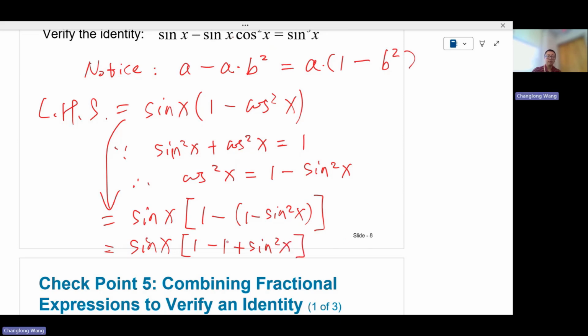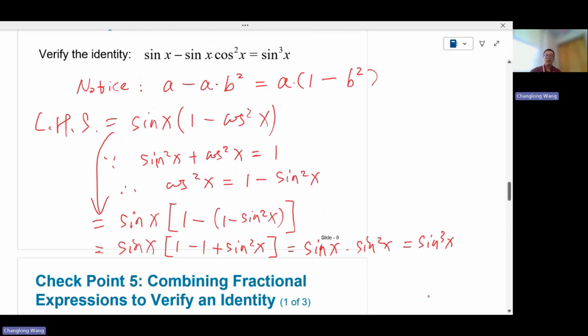And then you realize that 1 and negative 1 cancel. You're left with sine x times sine squared x, which can be combined as sine to the third power of x. And that's indeed the same as the right-hand side.